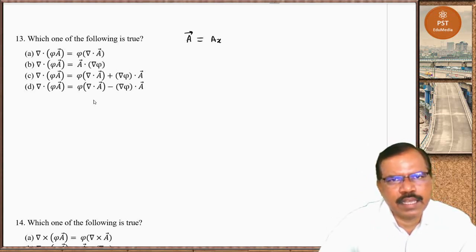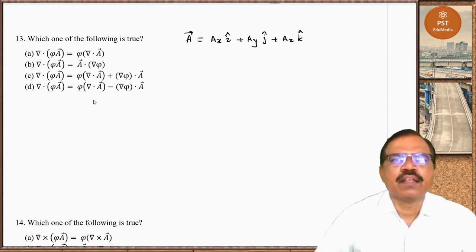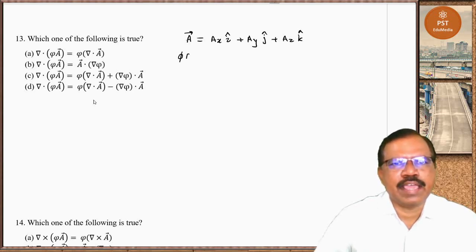You can write a as ax i plus ay j plus az k. Then phi a, phi is a scalar, so you can directly multiply it to these terms. Phi is a scalar.